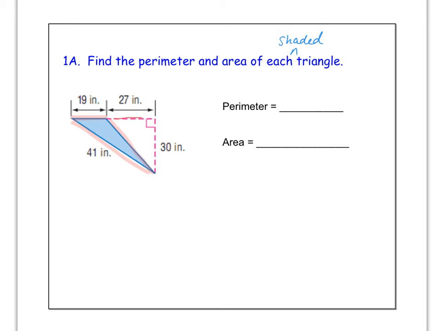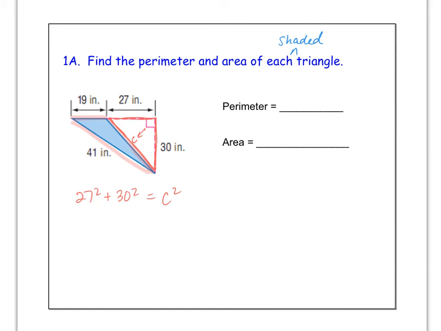If I use this triangle over here on the right, I should be able to do 27 squared plus 30 squared equals, I'll say c squared. This has to be our c because it's across from the 90, it's the hypotenuse, it's the longest side.